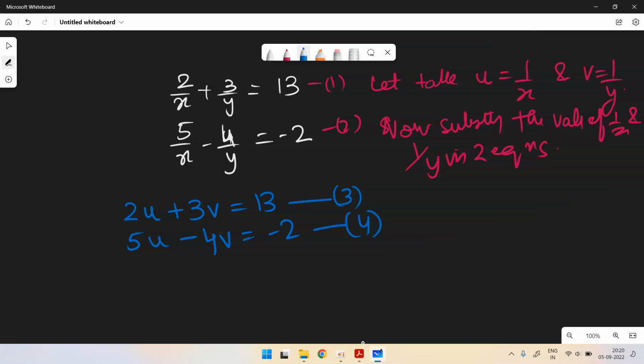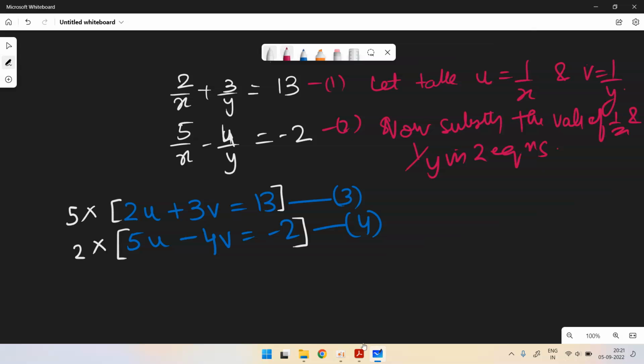Now you can use any method, even elimination, substitution, or graph. What is the simple method? Any method which you think is simple is always a simple method. So what I'm doing is I multiply this equation by 5 and this equation by 2.